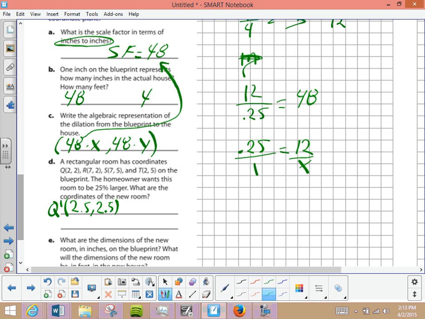Okay. So when you're talking about percentage, let's say that I have something that measures or weighs 40, and I want to increase it by, let's say, 50%, because that's easy. How do I increase that by 50%?